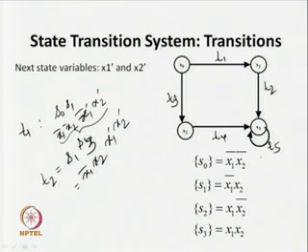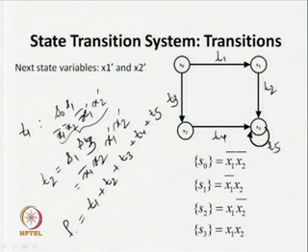Now, all those 5 transitions will be represented with the help of the summation of those things. That means, T1 plus T2 plus T3 plus T4 plus T5. These are the 5 transitions that we have in this transition system, so this expression is going to represent the transition behavior.